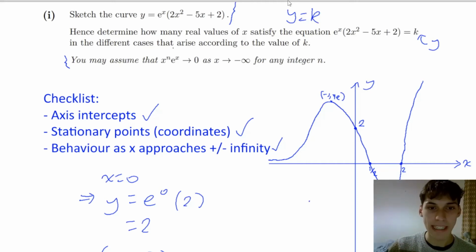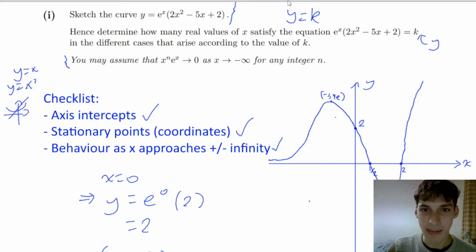So that might be similar to, say, setting y equals x and y is equal to x squared to see how many intersections they have with each other. We're doing the exact same thing here, just with a more complicated question.